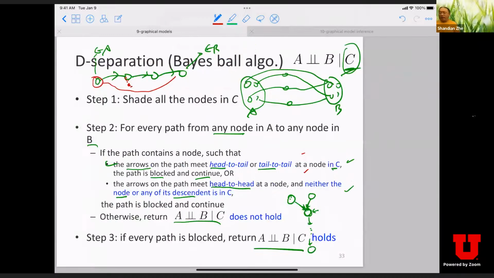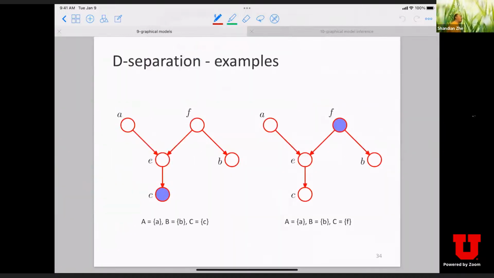Okay, so now let us use a concrete example to showcase how we run this Bayes ball algorithm. We look at the same Bayesian network, but conditioned on a different set of variables.